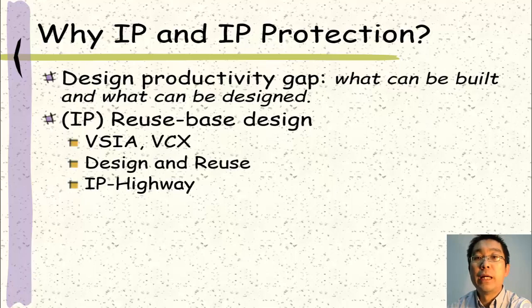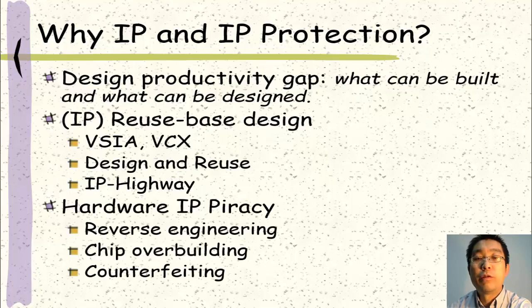Since early 1990s, litigation cases in semiconductor related to IP infringement have been increased very fast, causing an estimated annual revenue loss of billions of dollars. The most dangerous threats of IP piracy came in the form of reverse engineering, chip overbuilding, and counterfeiting.